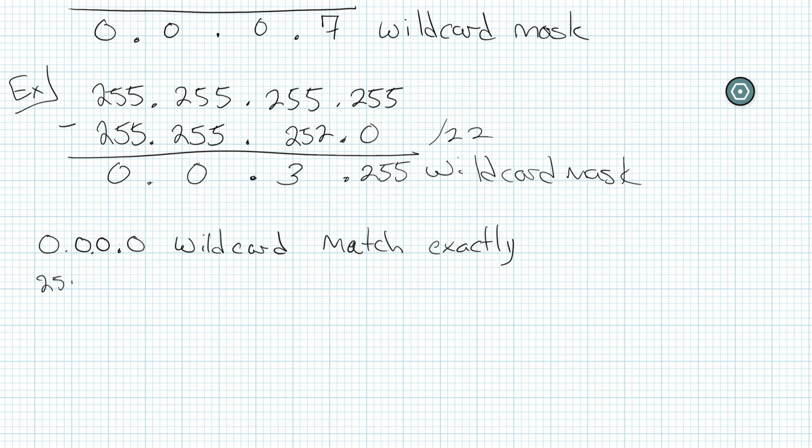The 255.255.255.255 wildcard is allow, or is like match nothing. So essentially anything is allowed. So it's the equivalent of that any command. So if you're matching nothing, you mean by default everything's allowed through, no issues.